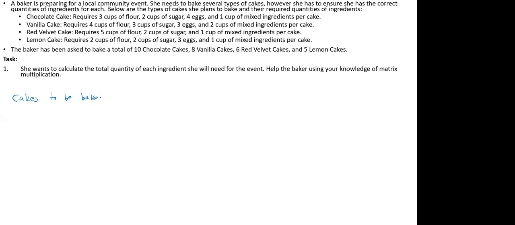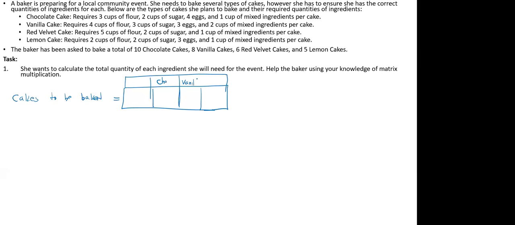Now the cakes to be baked, how many are they? What do we have? Now, still I can do my summary. Allow me to use C to represent chocolate. I have chocolate.